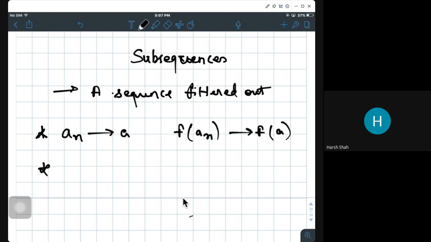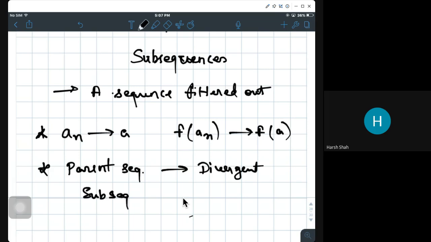Second thing is, if you have a parent sequence that is divergent, the subsequence may be convergent.